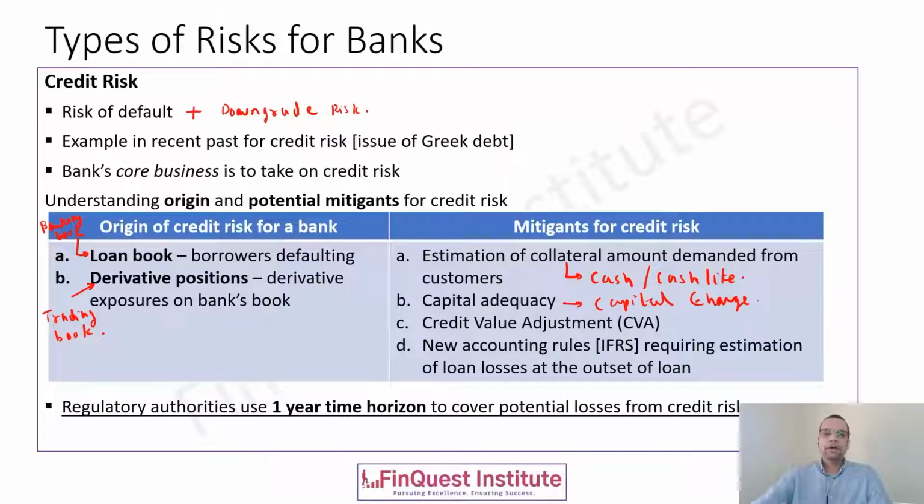Next is CVA, or credit value adjustment. The main idea behind credit value adjustment is to take into consideration the credit transition, or the potential downgrade risk, which a bank is exposed to owing to the ratings of its counterparties deteriorating. Imagine I have a bank transacting with a number of counterparties.